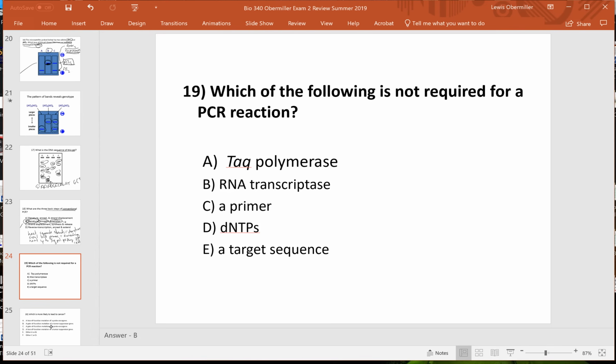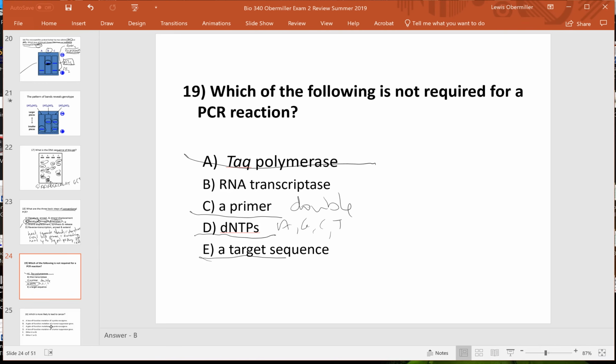Which of the following is not required for PCR? We need the enzyme. It can't copy without it, so we can't do it without the copy machine. We need the primers. Remember, that provides it with double-stranded. We talked about a normal regular train that needs 2 tracks; it can't ride on a single railed track. It would fall off. We need the parts, right? The A's and the G's and the C's and the T's.